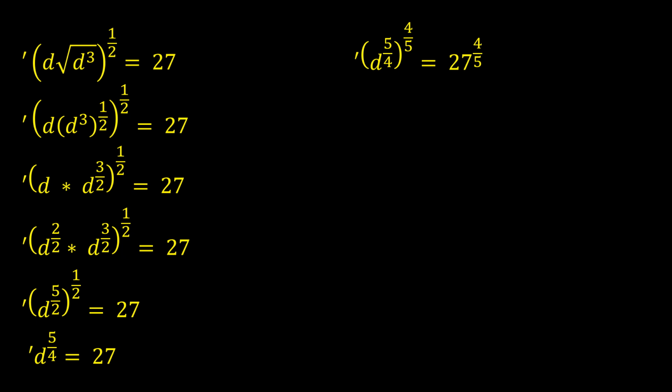Raise both sides of the equation to the power of 4/5 to isolate d. This simplifies to d equals 27 to the power of 4/5, which is the same as 3 cubed to the power of 4/5.